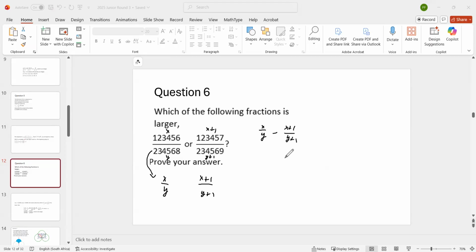Suppose we worked with these monsters here. That would be horrible. So here you can simplify this. The common denominator is y into y plus 1. Y goes into y plus 1. So you get x into y plus 1 minus x plus 1 times y.